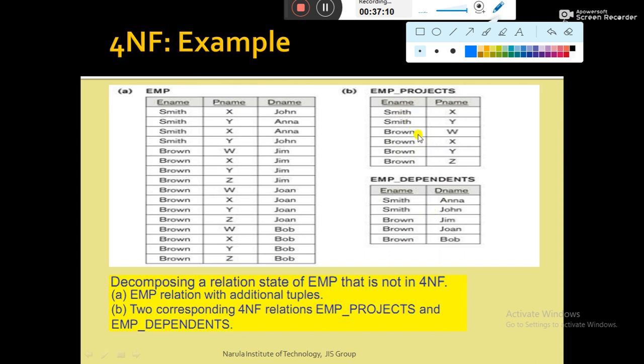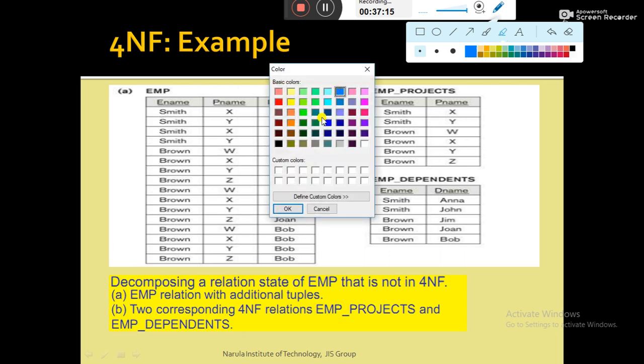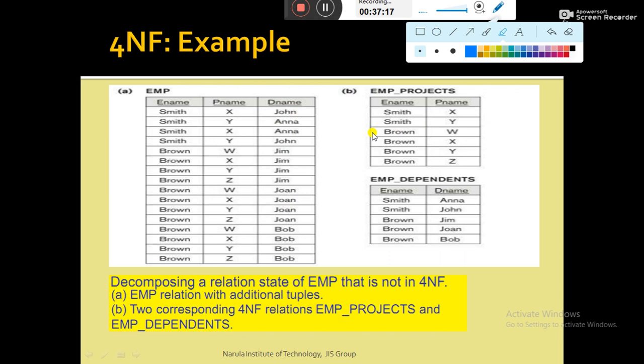First of all, consider this one, and check whether the relation has a multivalued dependency or not.